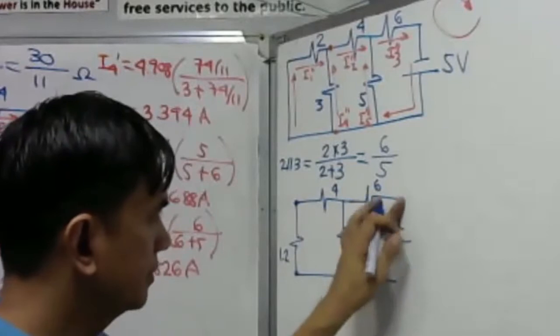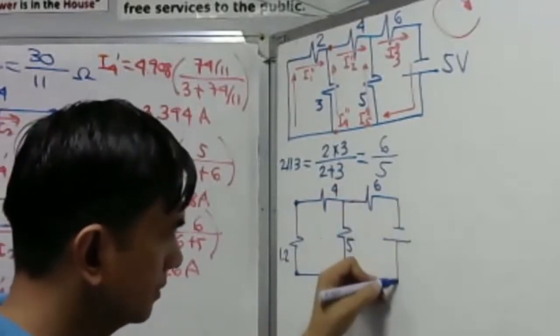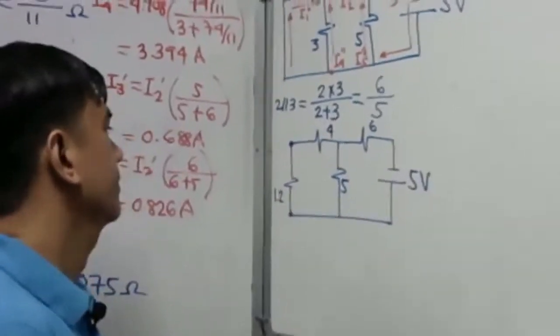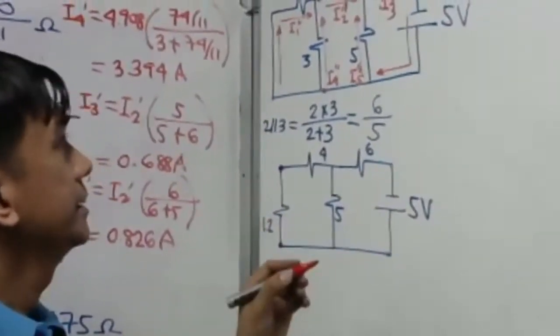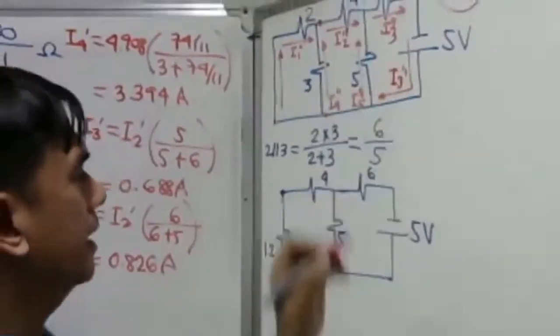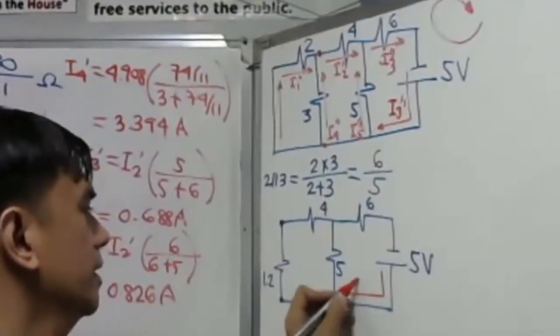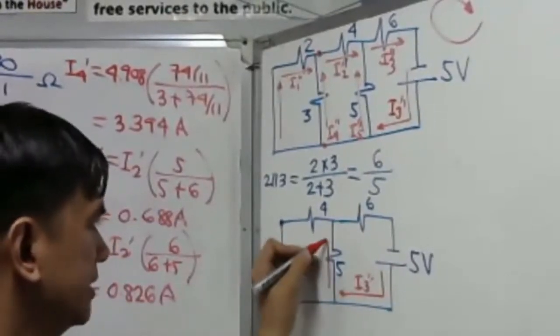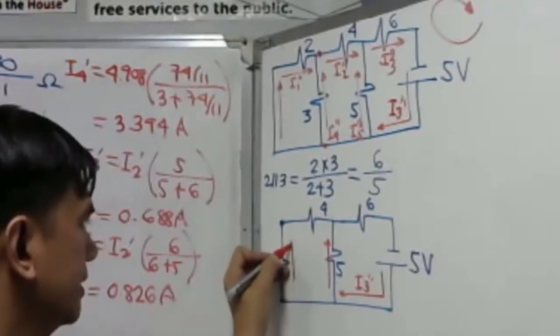Negative, positive. Please close up this portion. This is 5 volts. Now, take a look, guys. This is I3, our I3 double prime. Then, what is this current?